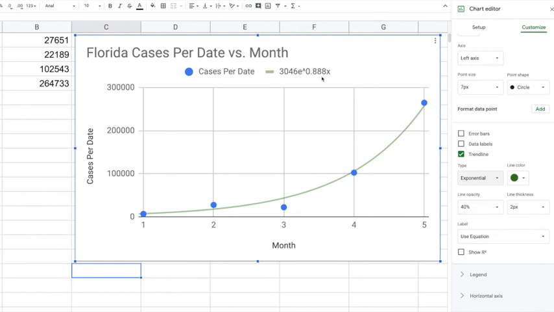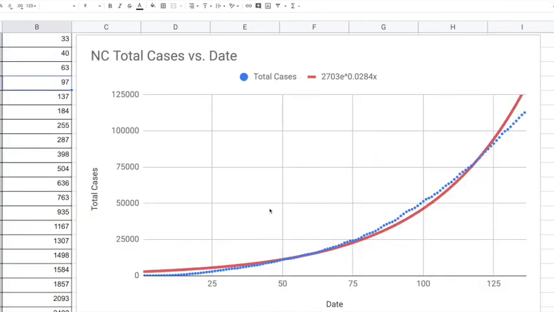Now, one thing to notice in this model is the exponential decimal. This is like an 89% growth rate per month. Kind of scary. So let's compare that to North Carolina's. I already did North Carolina's, and it looks like this. It gives us a lot more data to work with. And you'll notice that the exponential exponent is only at about 3%.